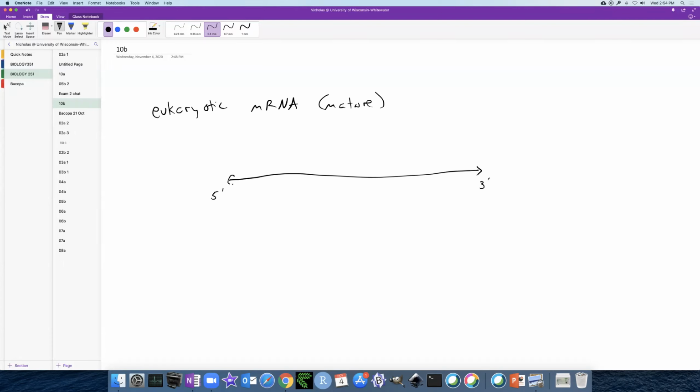So part of that coronavirus, one of the enzymes included, puts this methylated G cap on the 5' end. And that's part of the signal that says this is a piece of RNA that should be translated.